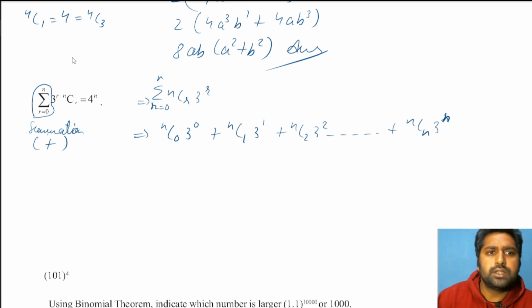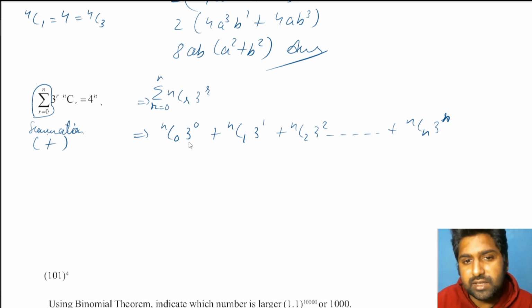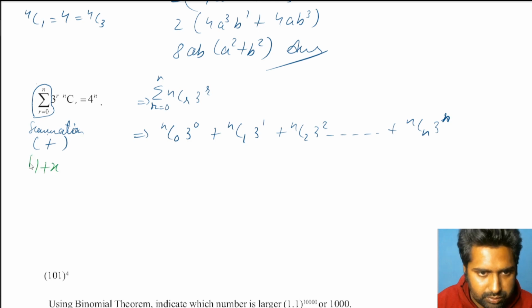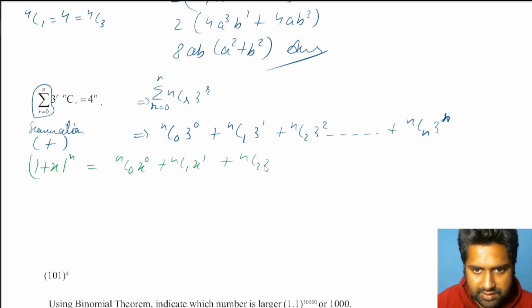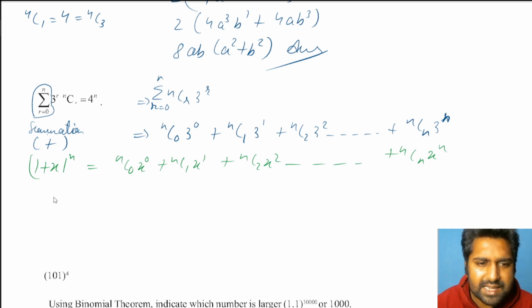Now I told you that one simplified expression will help you a lot. Remember, in (1 plus x) raised to power n, the power of x was increasing: nC0 x raised to power 0, nC1 x raised to power 1, nC2 x raised to power 2, and this is pretty much looking like the same expansion, up to nCn x raised to power n. You can see it's like x is 3.